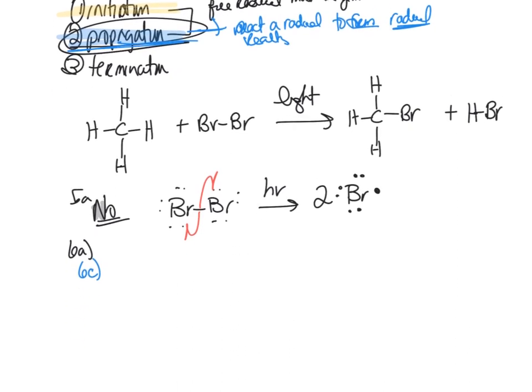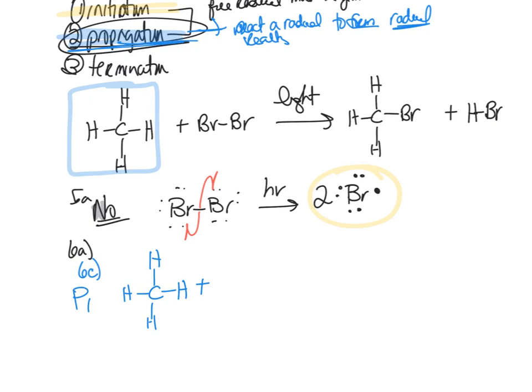All right, so the propagation step here, P1: you always start with your alkane, and you react it with the bromine radical from your initiation step.